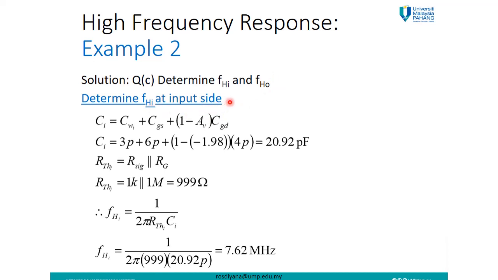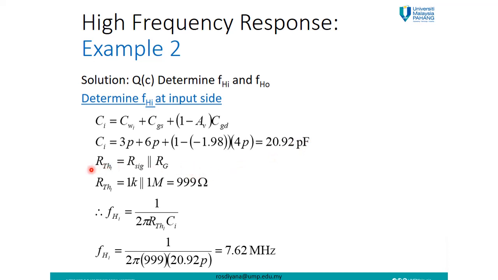First, calculate the input capacitance, C in. C in equals CW in plus CGS plus CM in, where the CF is the CGD. When we insert all values, we get 20.92 picofarad.